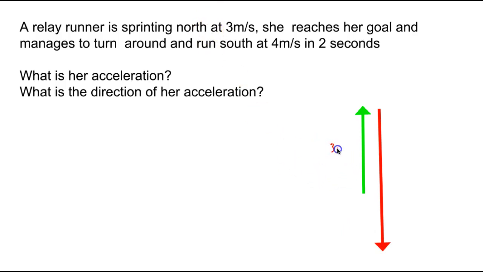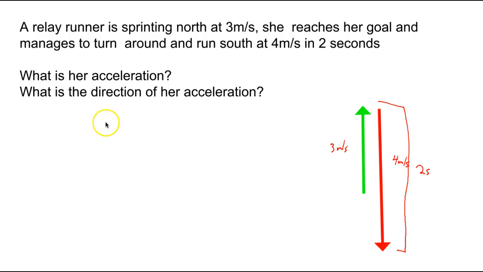So this is 3 meters per second. This is 4 meters per second. And the whole thing takes a time of 2 seconds to occur. So she is really fast. Excuse me, she is really fast.